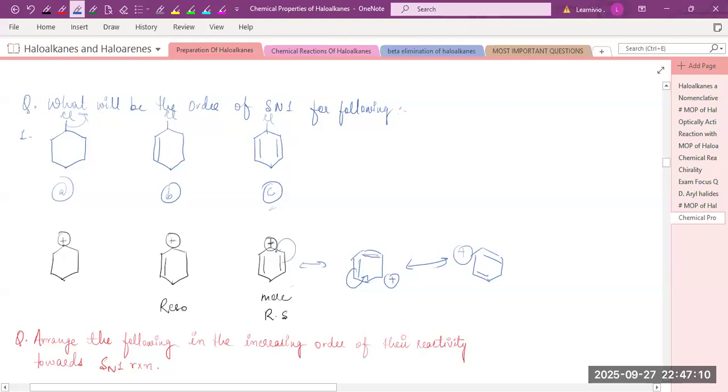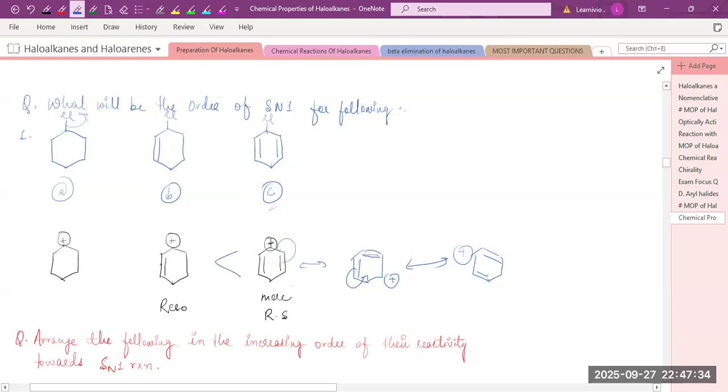So more the resonance, as I told you, the carbocation is highly stabilized by the delocalization of pi electrons or charge. More the pi electrons, more will be the delocalization. If more the delocalization, more stable the carbocation is. If it is more stable, then what will the reactivity be here? Fast. After this there will be this one.